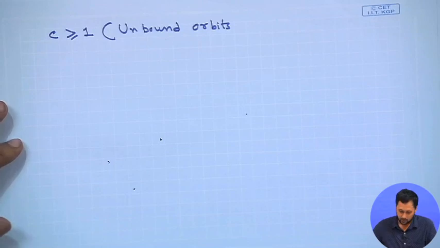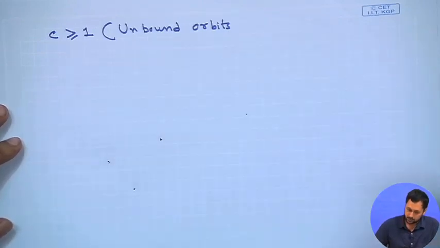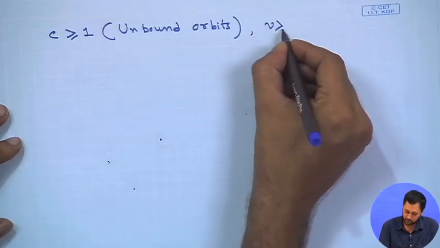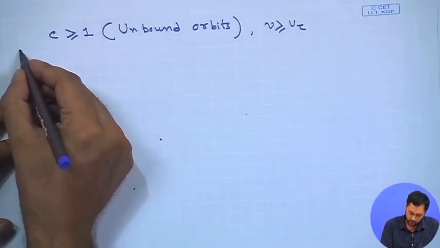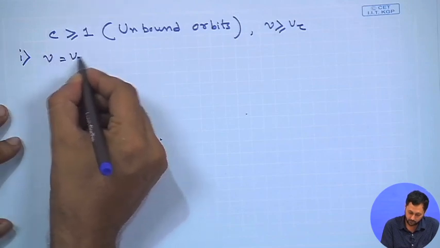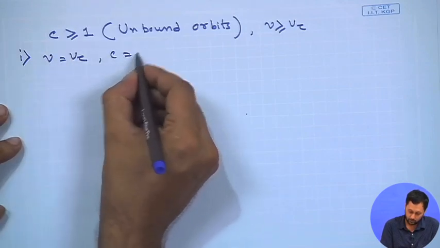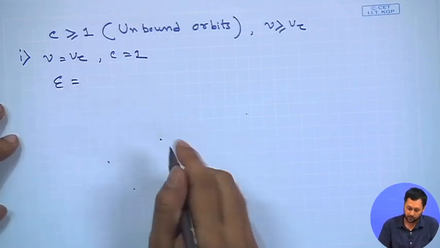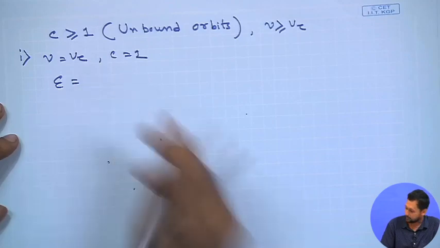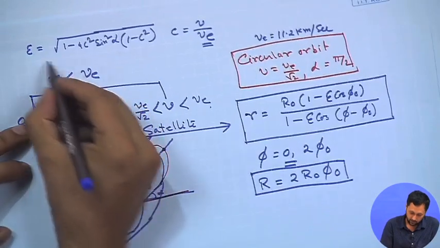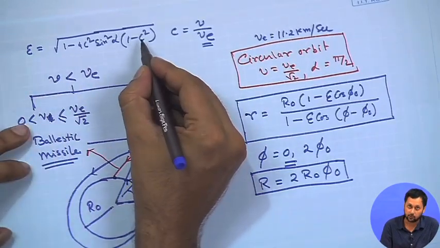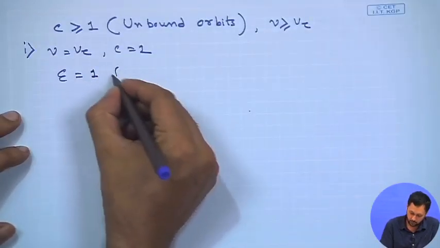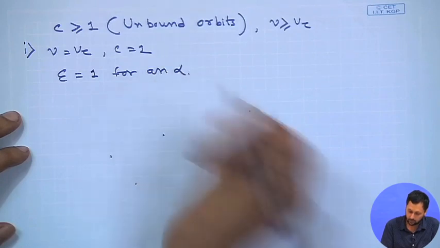Now, for an unbound orbit, which is given by c greater than or equal to 1, or v greater than or equal to ve, there are two cases. First case is when v is equal to ve, we get c equal to 1. In the expression of eccentricity, if we put c equal to 1, the second term vanishes and we get epsilon equal to 1 for any alpha.